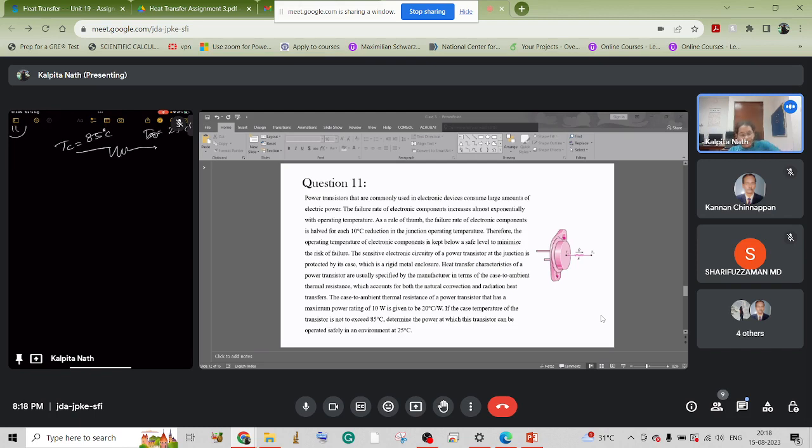The rate of heat transfer is the temperature difference divided by the resistance, case to ambient. So this is the case temperature minus the ambient temperature, divided by the case-to-ambient resistance.